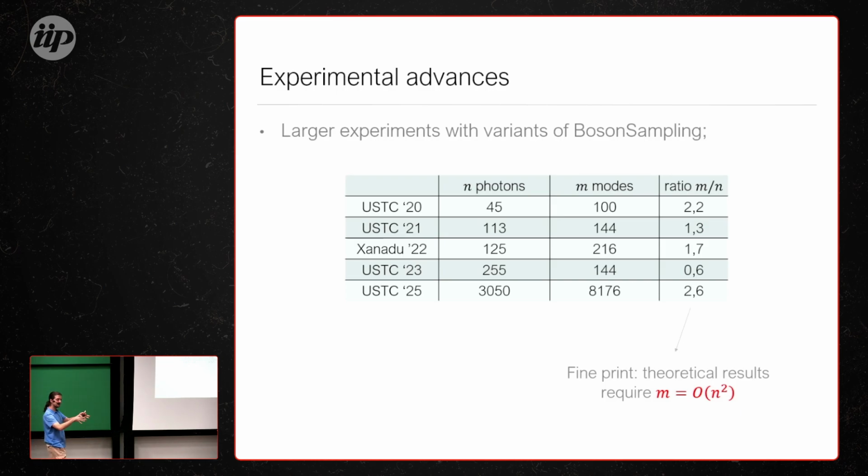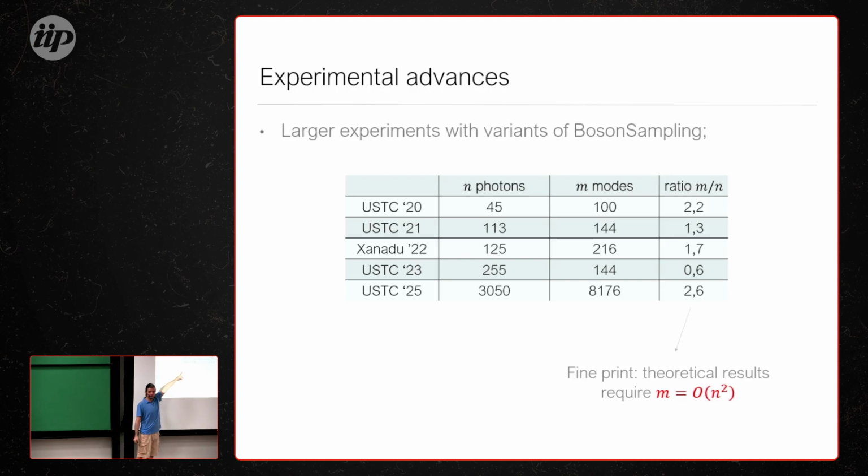Therefore, they replaced this spatial degree of freedom, where photons move in that direction or that direction, by a temporal degree of freedom, where the photon arrives now, or a little bit later, or a little bit later. So they encoded information in what is known as time bin encoding. And then they managed to perform larger experiments.